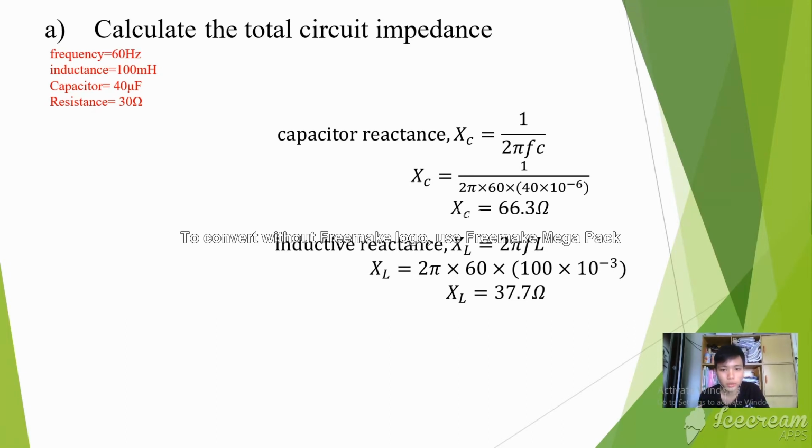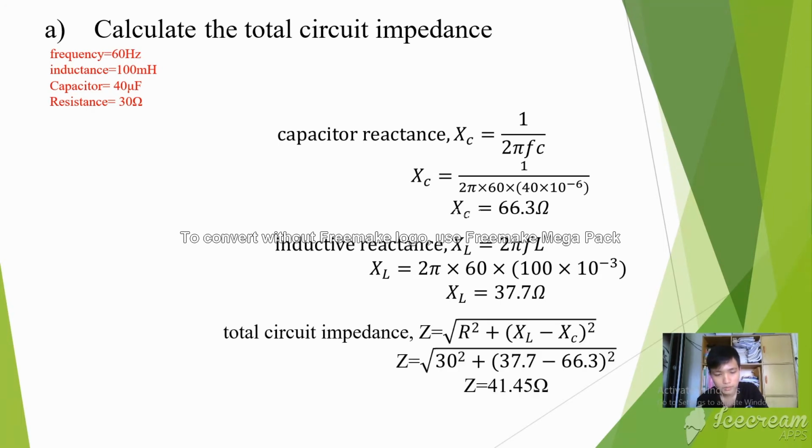We get the capacitive reactance of 66.3 ohm. After that, we calculate the inductive reactance using the formula 2 pi FL. The inductance is 100 millihenry, and we get an inductive reactance of 37.7 ohms.